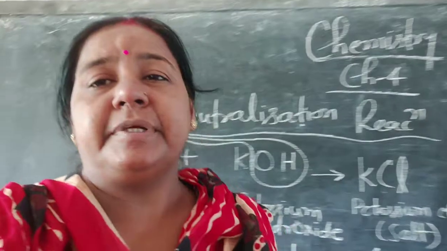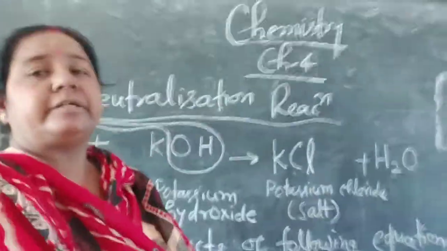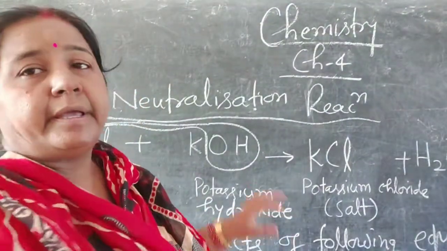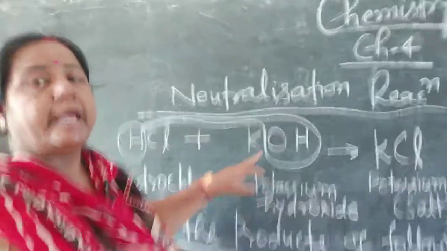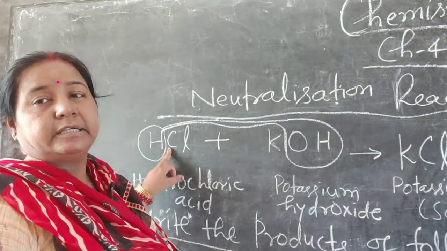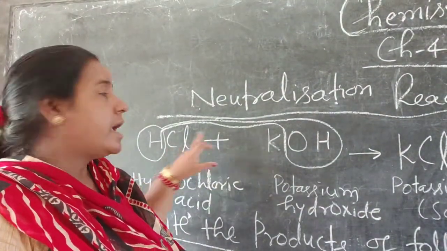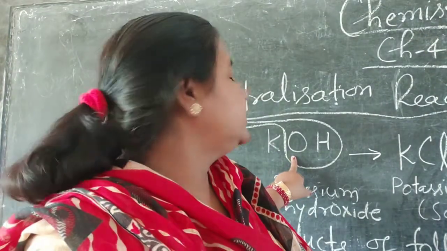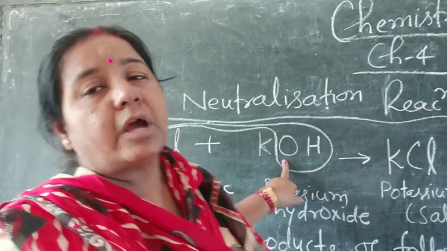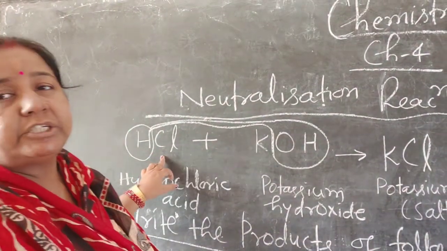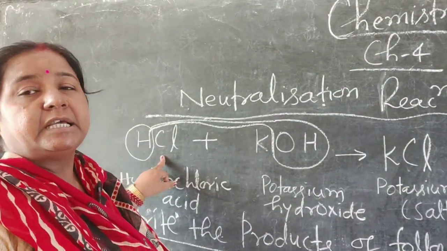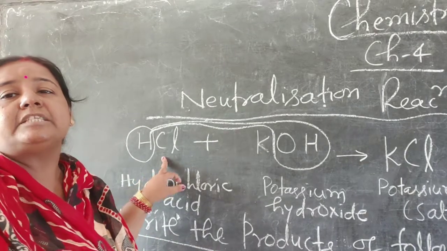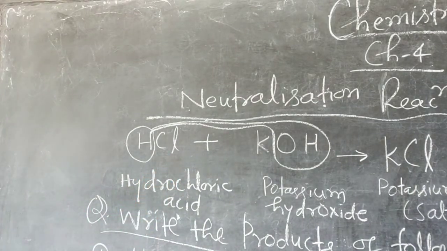As for examples, you see here KOH and HCl. HCl is the hydrochloric acid, and KOH is the potassium hydroxide, which is base. Now this acid, hydrochloric acid, is broken into H plus and Cl minus.